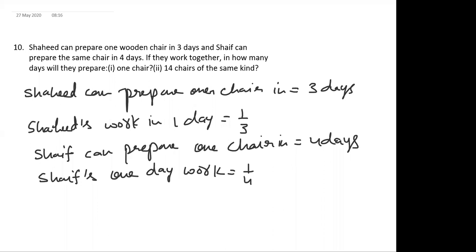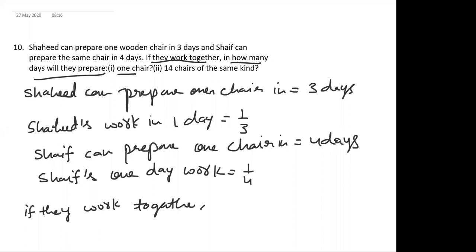Is it clear? Now the question is also saying if they work together, in how many days will they prepare one chair? If they work together, work done in 1 day, how are you going to find it? 1 upon 3 plus 1 upon 4.